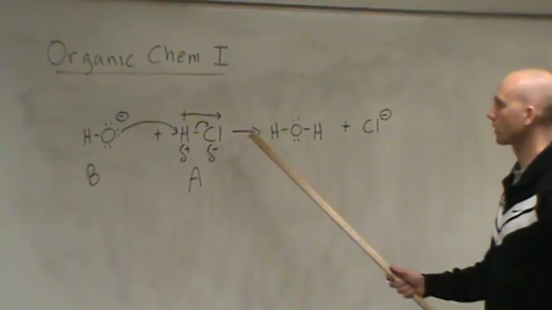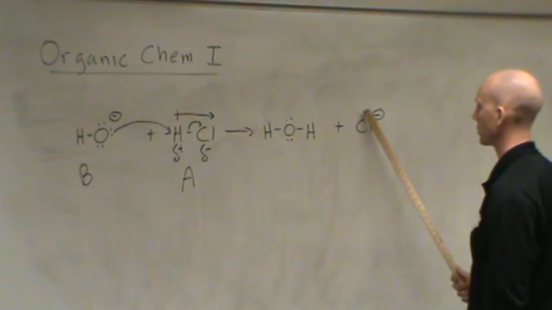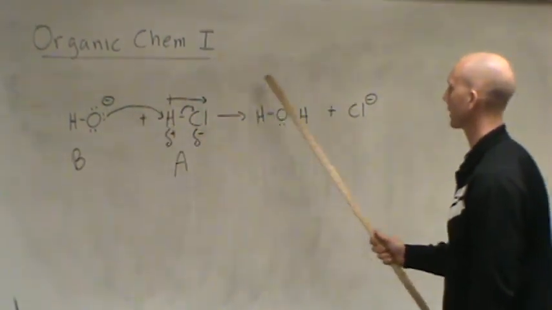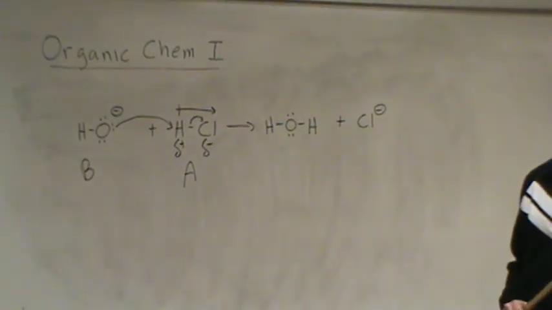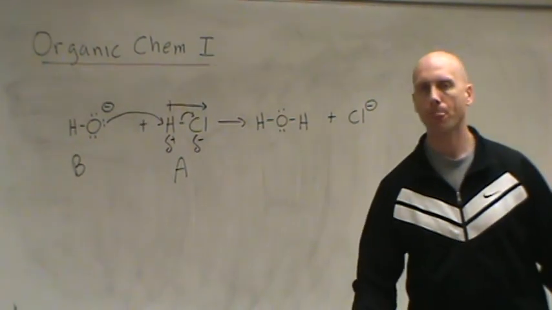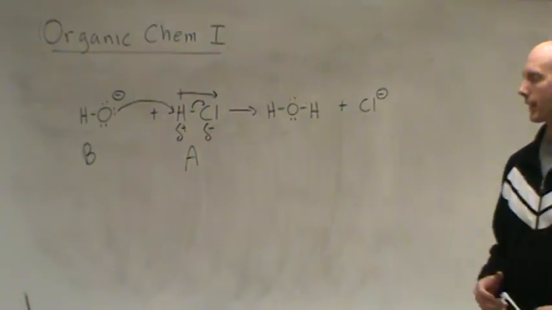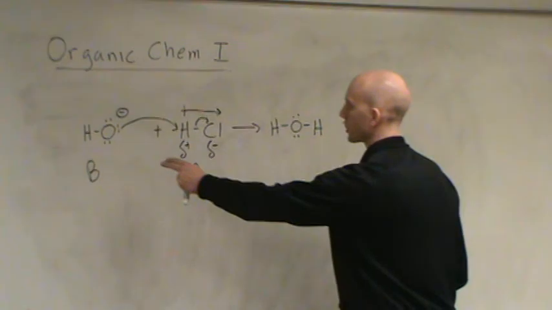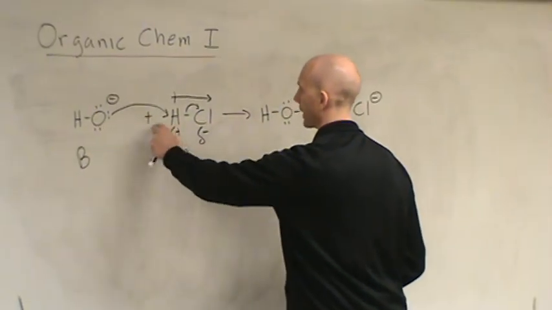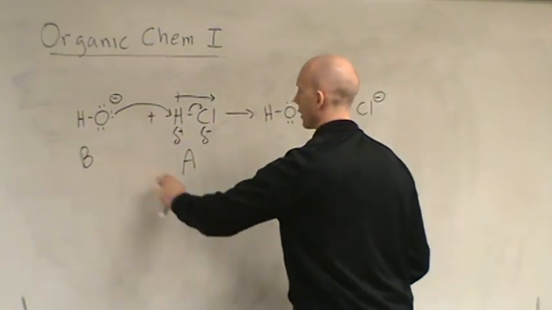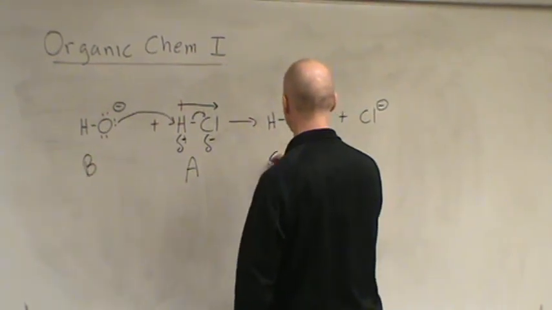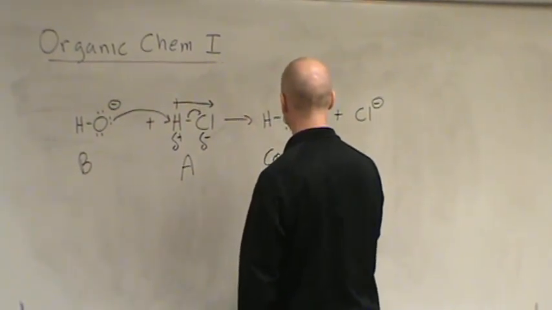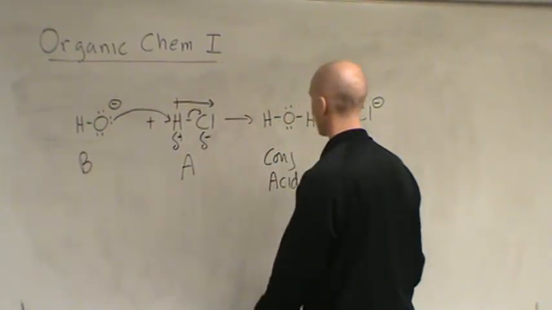Note that we've kept charge distribution the same, negative over here, negative over here. Okay? Remember that we gave these things names. Since this oxygen gained a hydrogen, it becomes the conjugate acid. Okay?